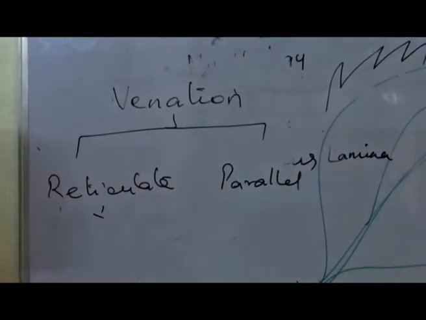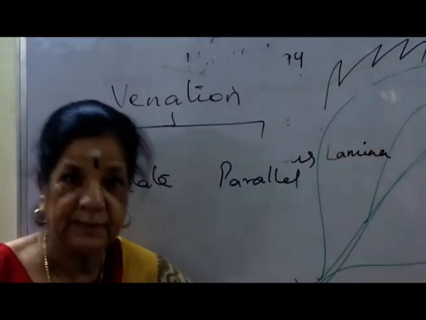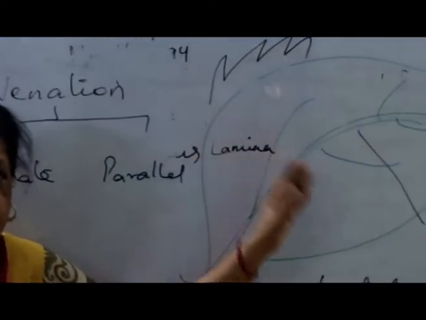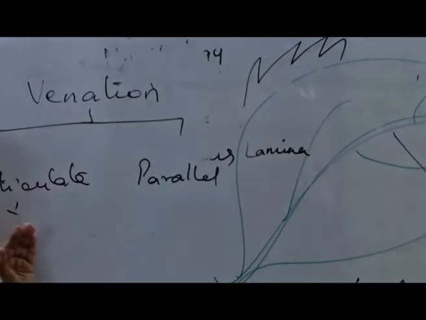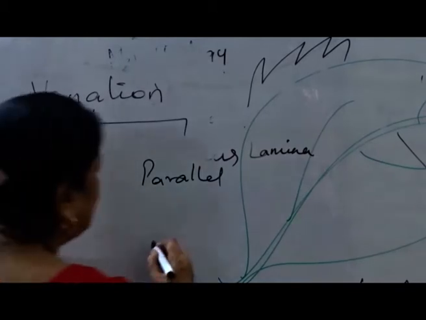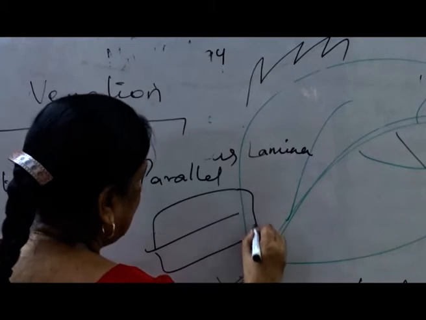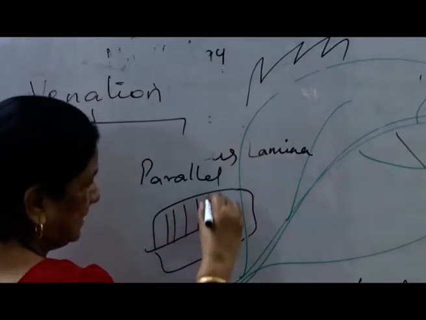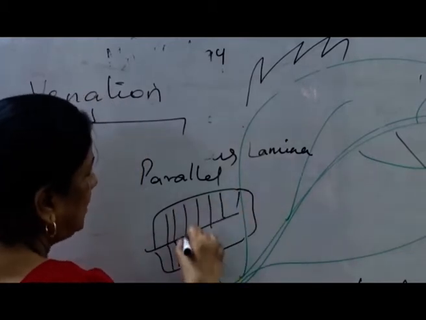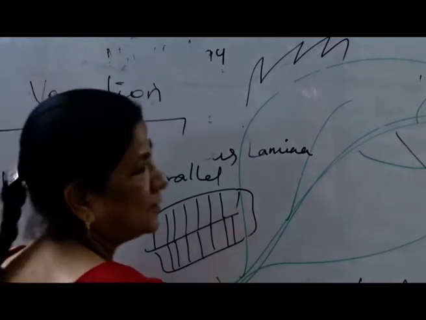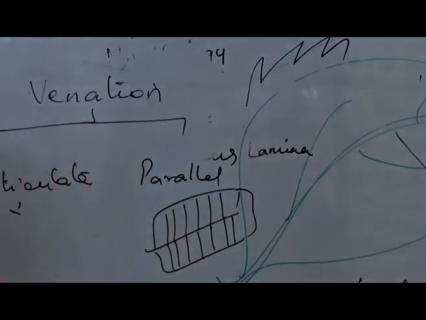When the veins are in a network, mostly in dicot plants, it is called reticulate venation. When the veins are running parallel to each other, as you have seen in banana leaf, it is called parallel venation. I hope you are able to follow this.